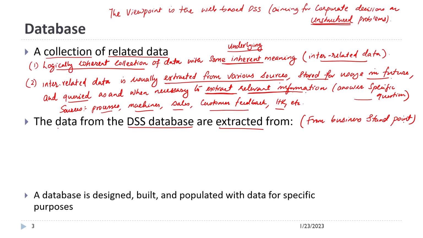Number one, it is the internal data. We usually get it from TPS. Remember what TPS is? TPS is known as transaction processing system.